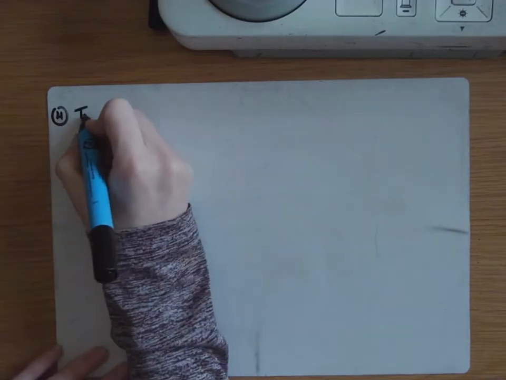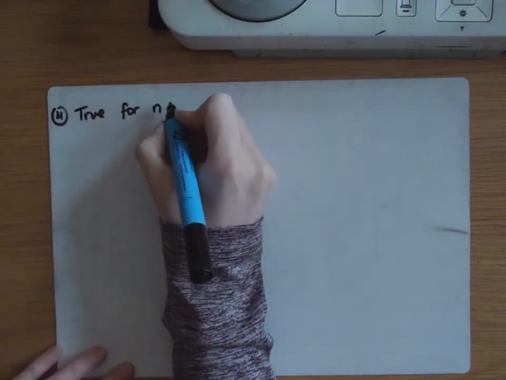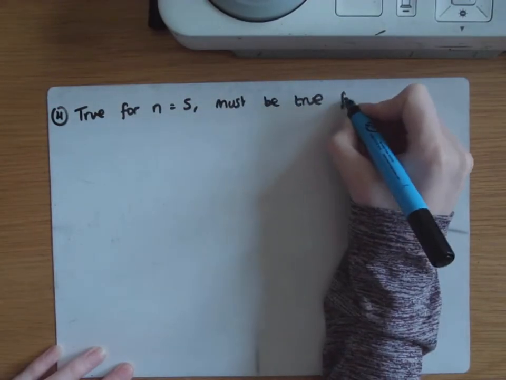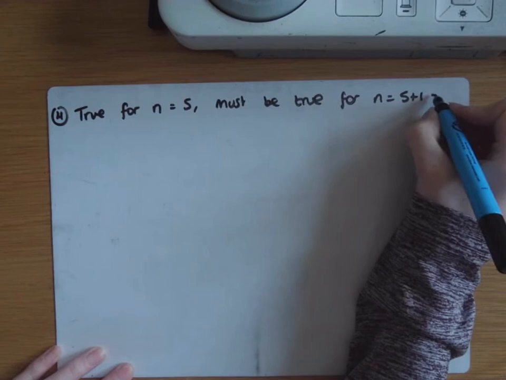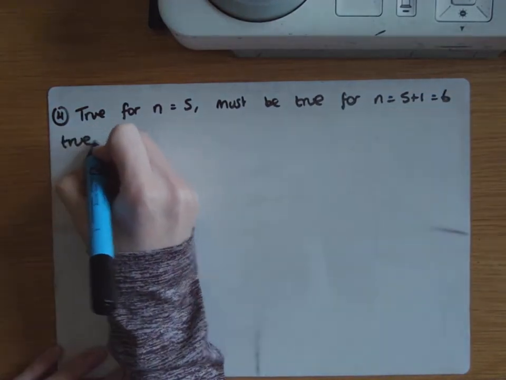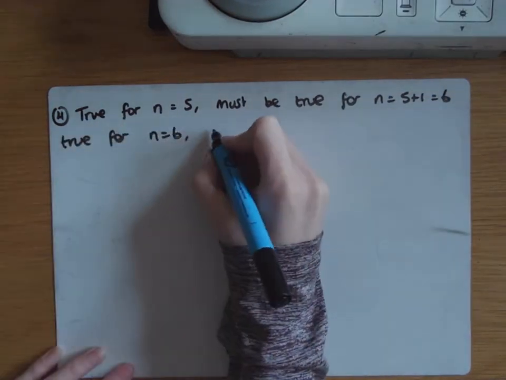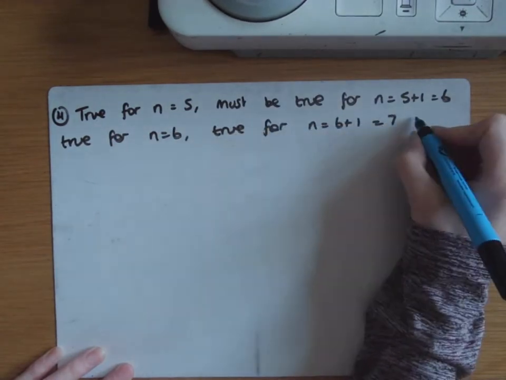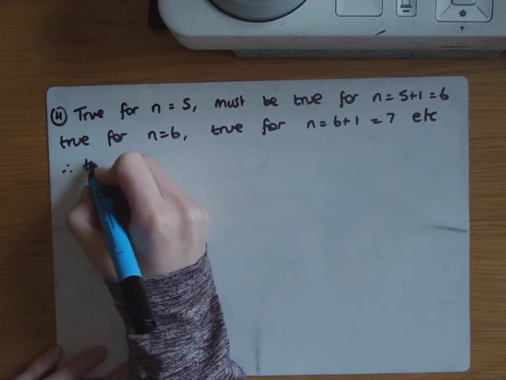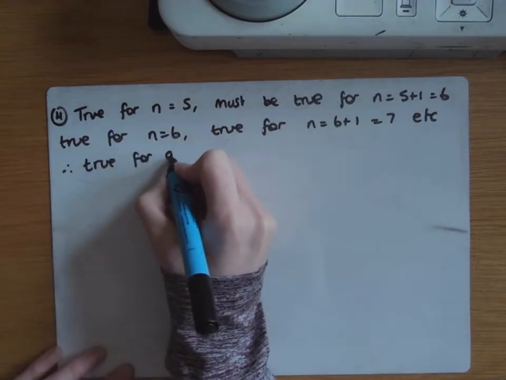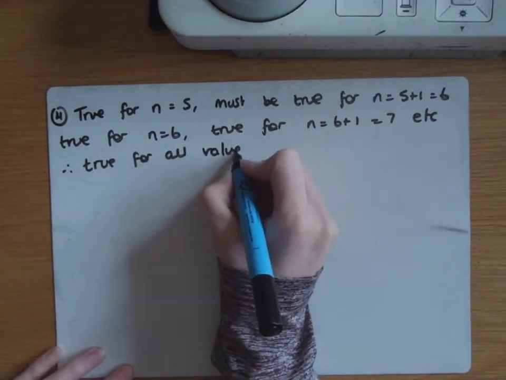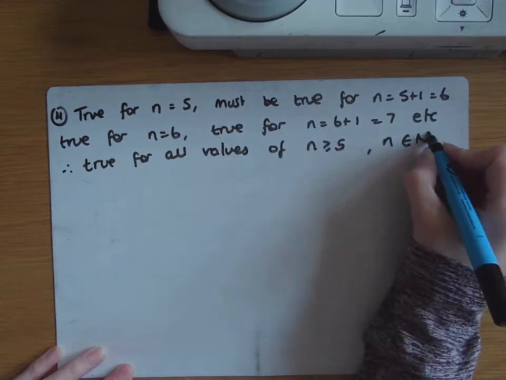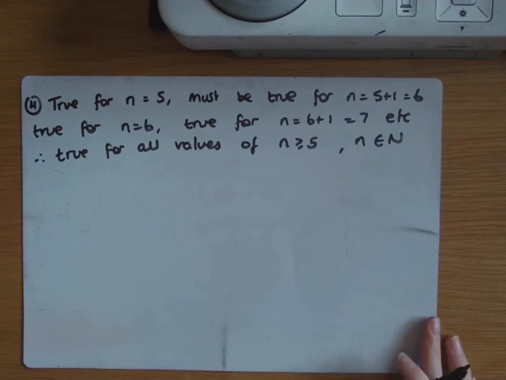So what we say is true for n is equal to 5. Must be true for n is equal to 5 plus 1, which is 6. True for n is equal to 6, etc. Therefore, true for all values of n greater than or equal to 5, and n is a natural number.